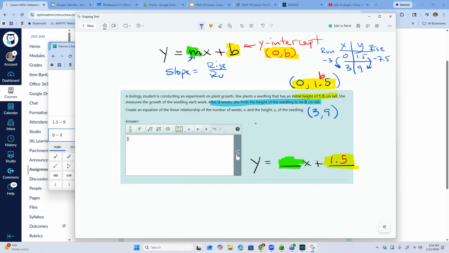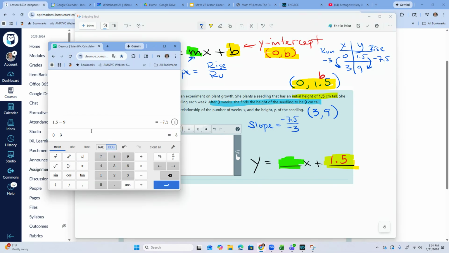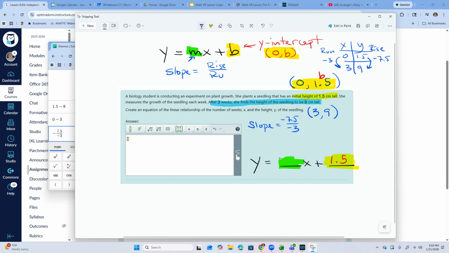And then I'm going to do the slope, which is rise, negative 7.5, over the run, negative 3. And then I'm going to put it in the calculator so I can simplify negative 7.5 over negative 3. And you can see I got 2.5. And that is your slope. And this is the equation of this scenario that is explained in words.